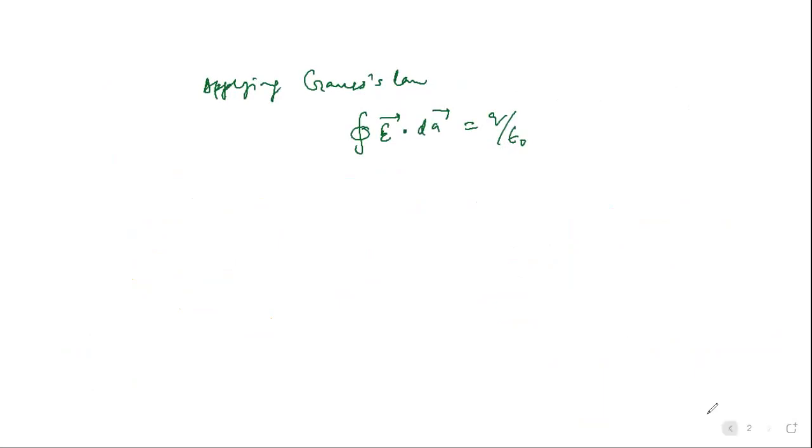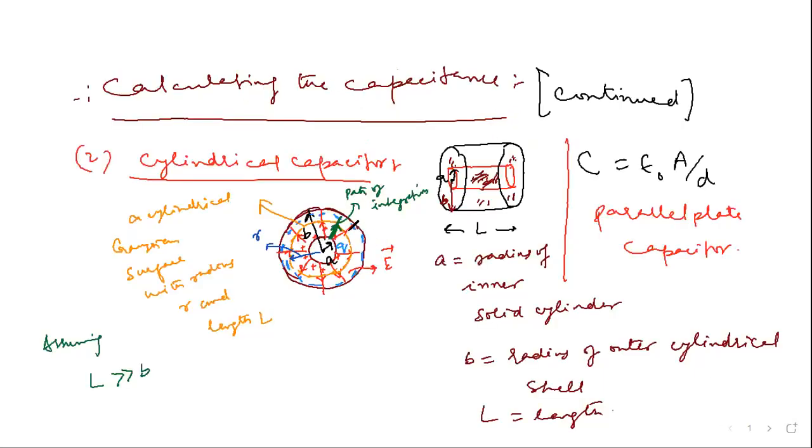So Q is Q because our Gaussian surface encloses the positive charge Q, which resides on the inner solid cylinder.